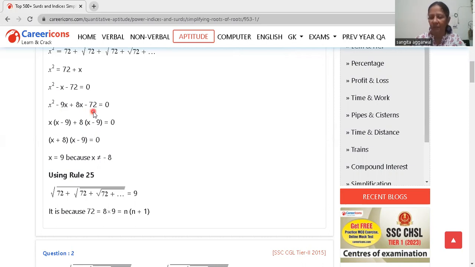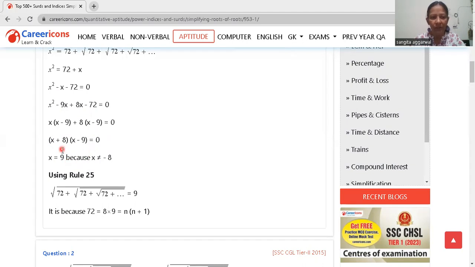Then from 72, if you divide 72 by 8, you will get 9. So this x minus 9 will be left here. This is equal to 0. So now you have two factors: x plus 8, and another factor is x minus 9.